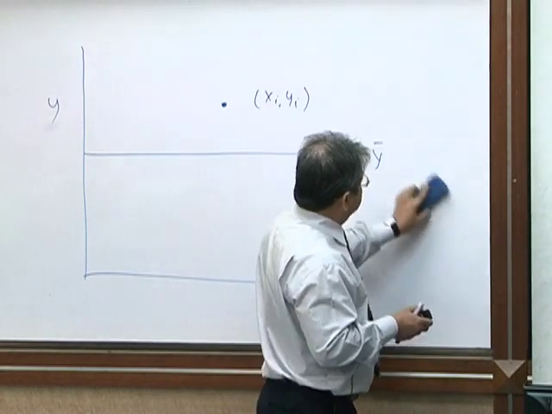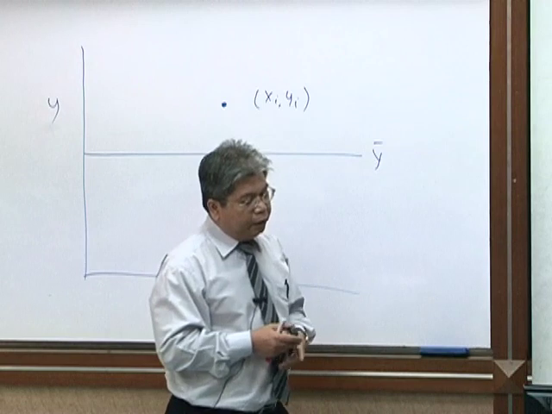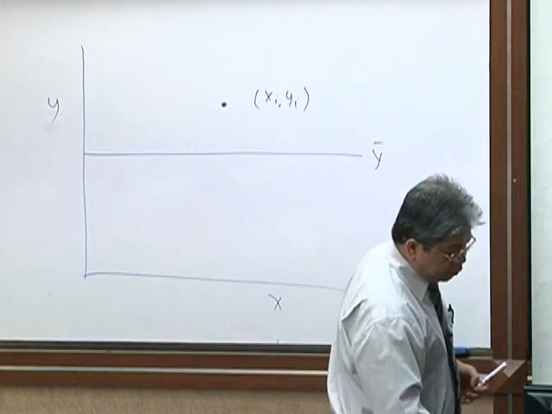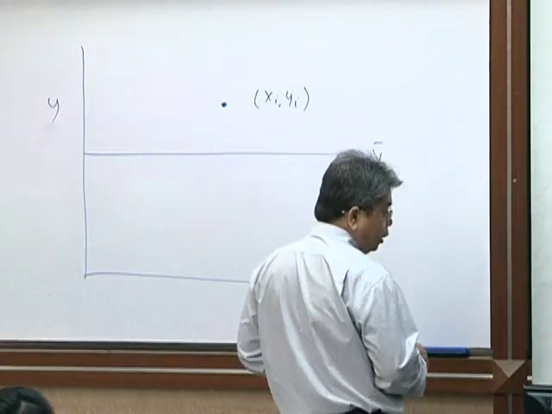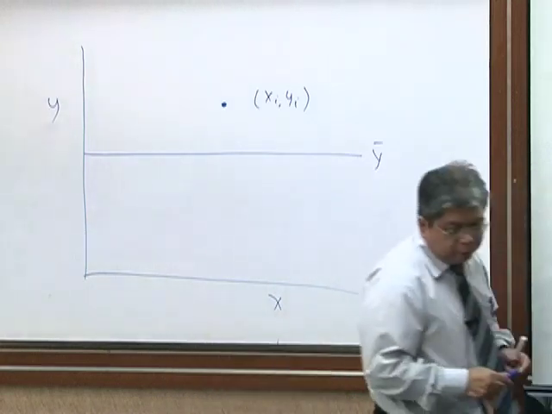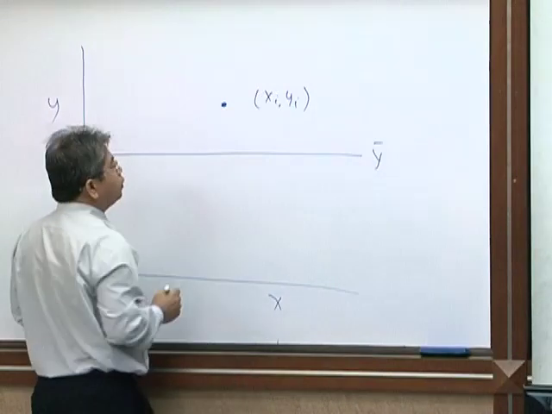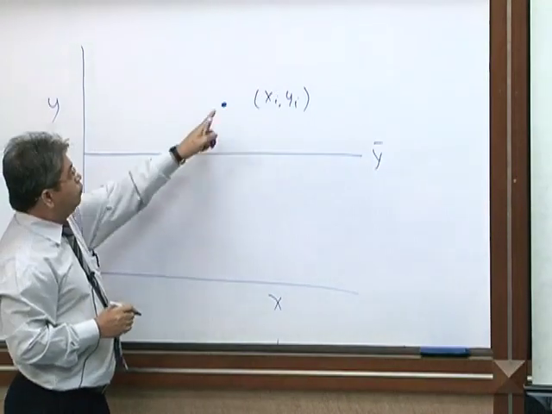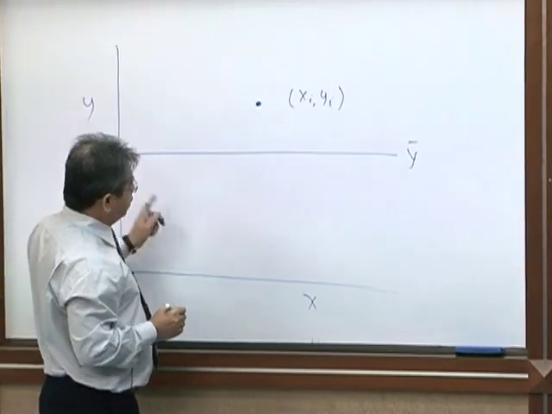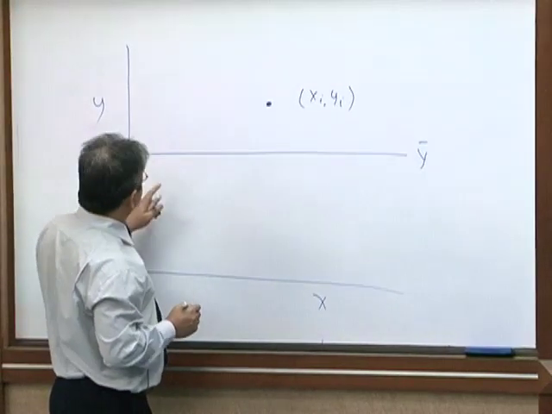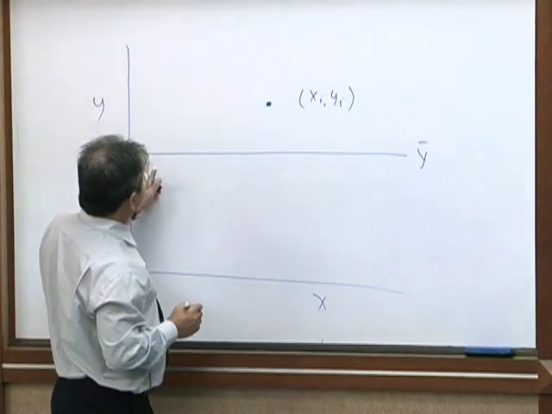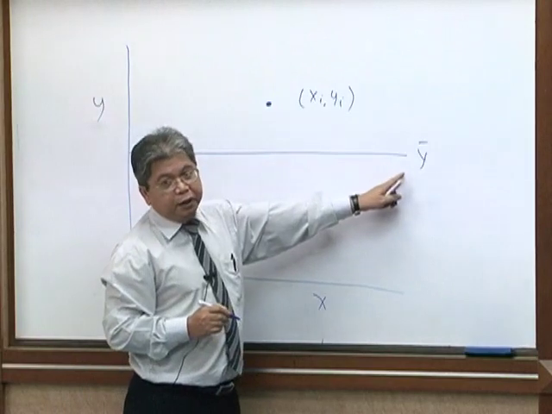Okay, we take a look at the observed y value, and let's say we have one value of y here, yi, and this is the space where y bar is.